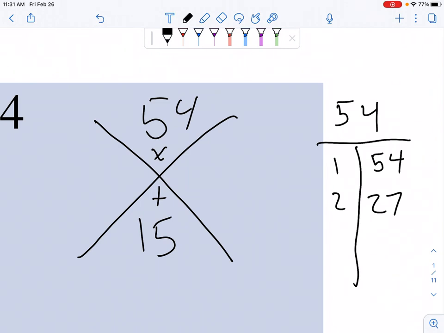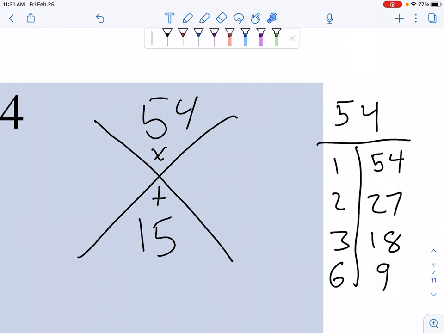27. And then if you do 54 divided by 3, you're going to get 18. And if you did 54 divided by 4, you'll get a decimal. 54 divided by 5, you'll get a decimal. 54 divided by 6, you'll get a 9. 54 divided by 7 won't work, or by 8 doesn't work, and then 9 we've already listed here.